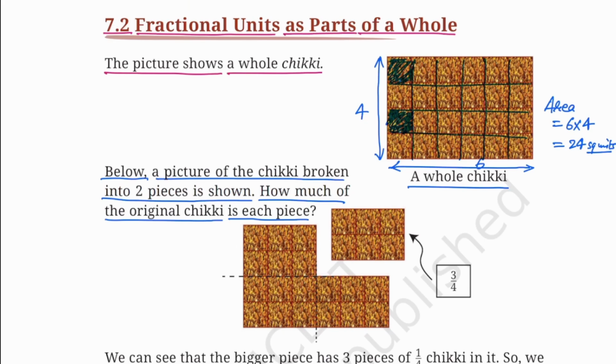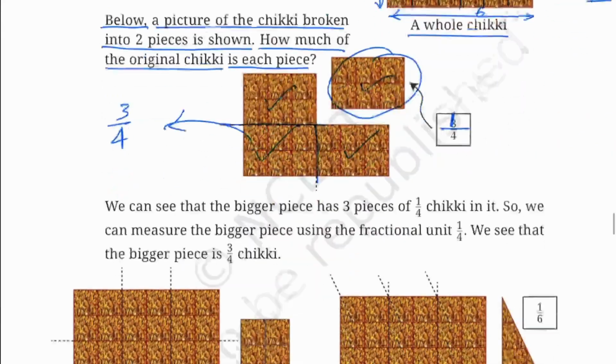You can see the whole chicky has been divided into 4 parts. 1, 2, 3, 4. So this part is 1 upon 4 and this 3 upon 4.